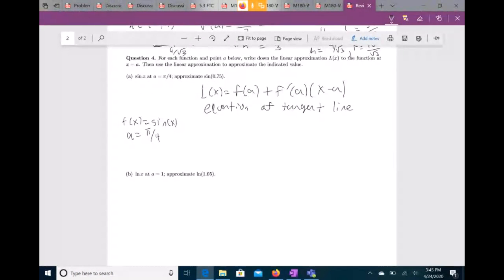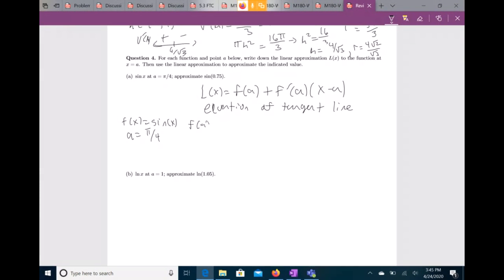All right. So what do I need? I need to know what f of a is and what f prime of a is. So f of a is sine of pi over 4. So what is sine of pi over 4?